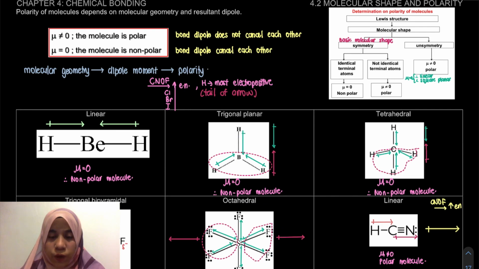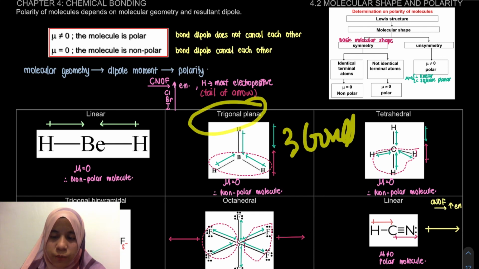Before anything, you have to show the dipole moments first, the resultant dipole moment later. For example BH3, there are 3 bonds. So, we have to show 3 dipole moments. Then we will know our resultant.